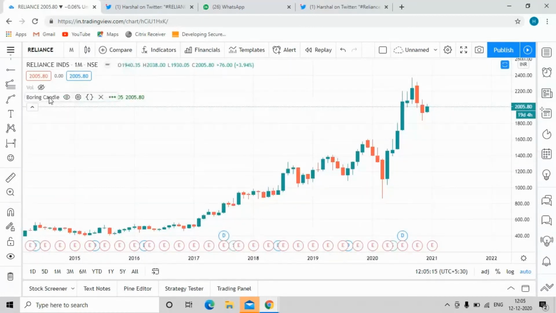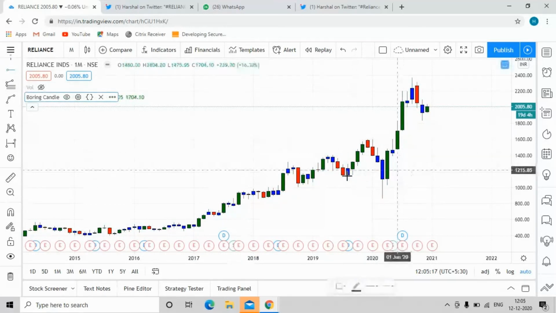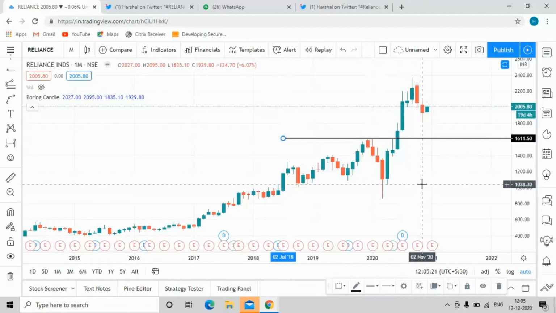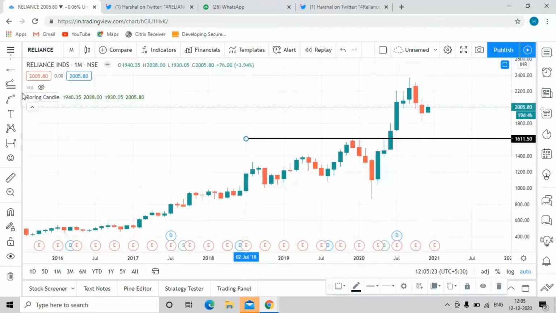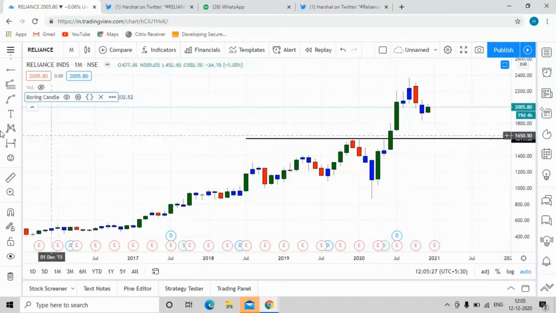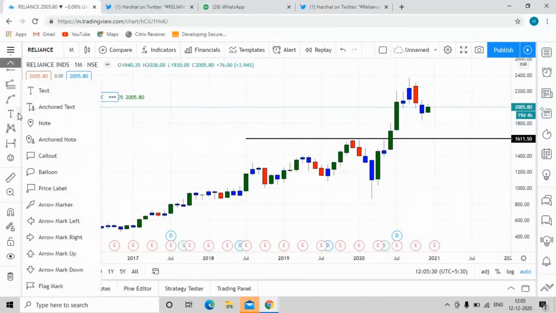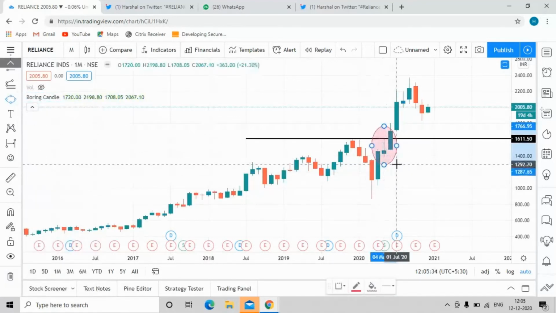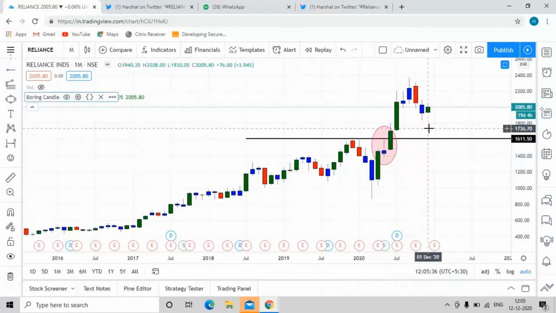Right. So in case we are getting this level, which is somewhere around 1610, that was the breakout level first, and again at the same level, we have a very good demand zone, right?